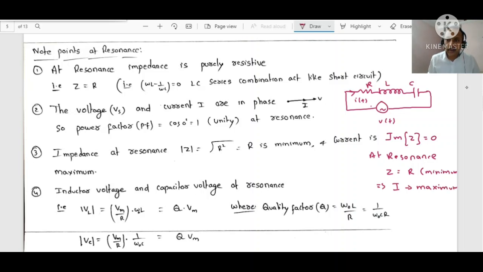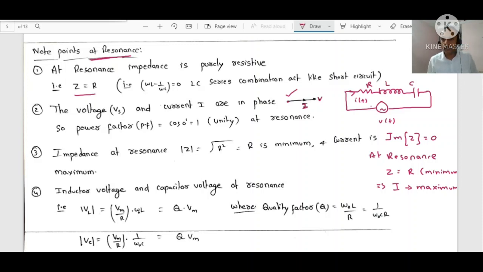Very, very important. At resonance, it is only a purely resistive circuit. Voltage and current will be in phase. Keep in mind, dear student, all these are at resonance only. We are not saying that during the entire period of time voltage and current will be in phase. No, this is the condition only at resonance, right? So this is important: Z equals R, and the voltage and current will be in phase.